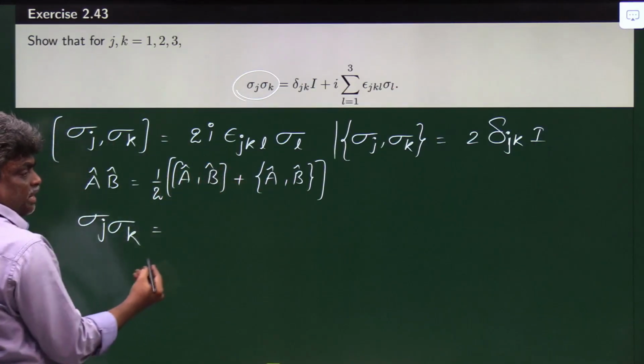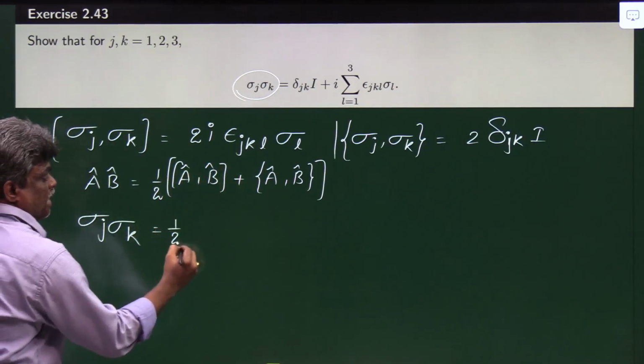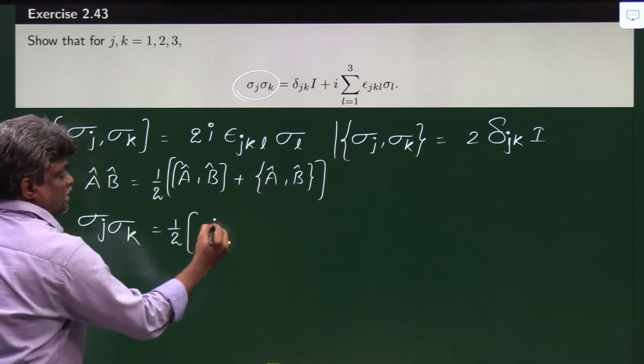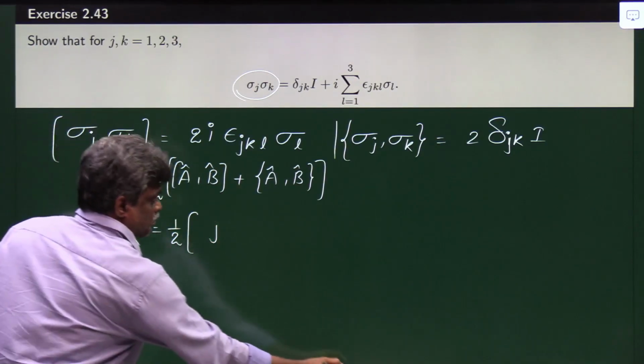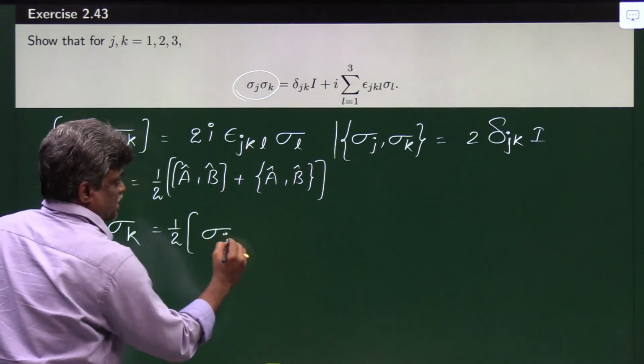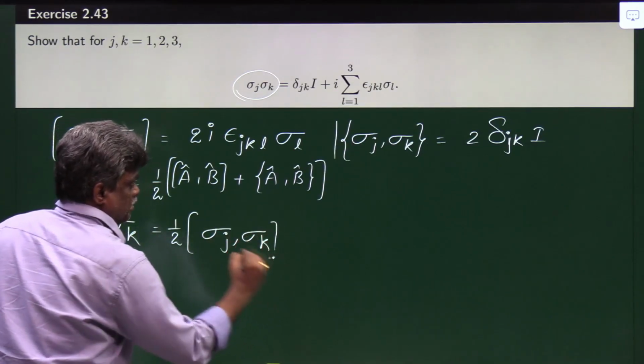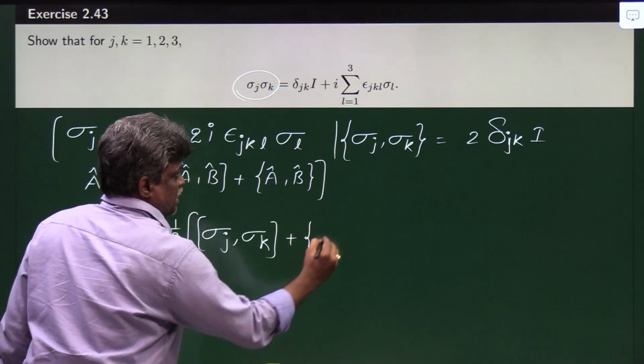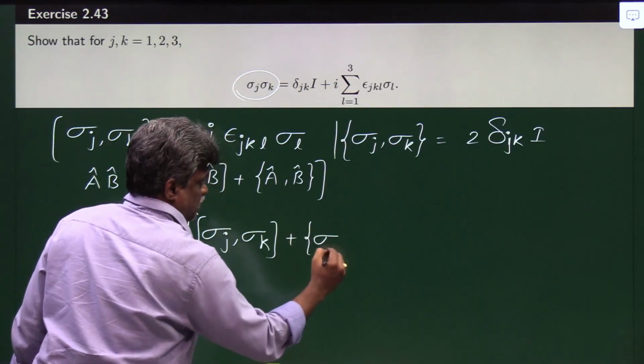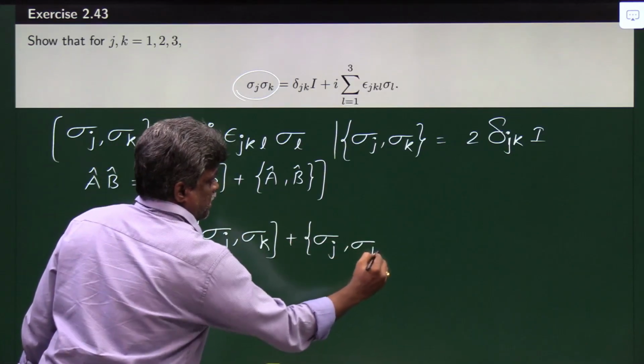By using this relation, I can write 1 by 2 of the commutator of sigma j and sigma k plus the anti-commutator of sigma j and sigma k.